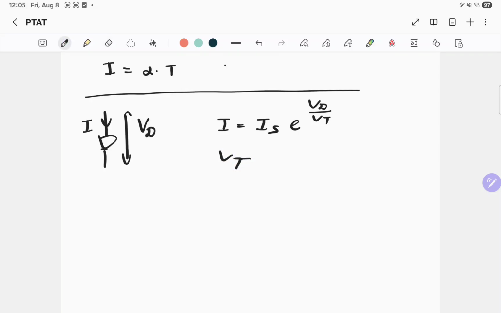The VT here is the thermal voltage, and it is equal to K times the temperature divided by Q, where the K is the Boltzmann constant and the Q is the charge of the electron.